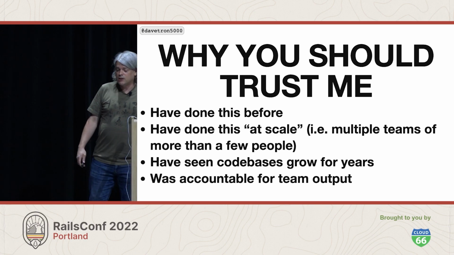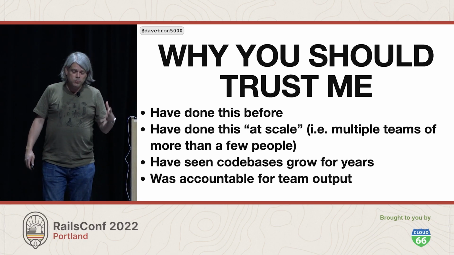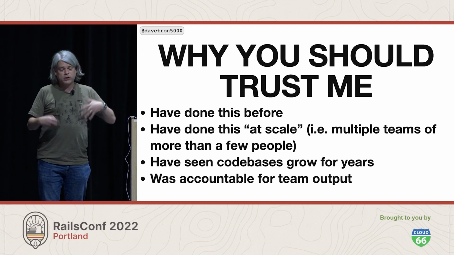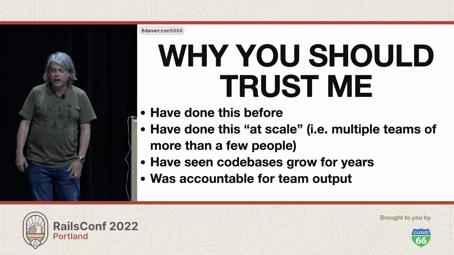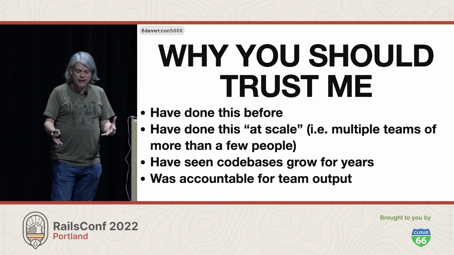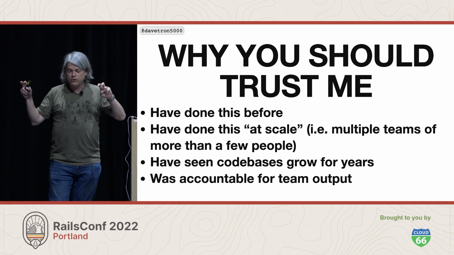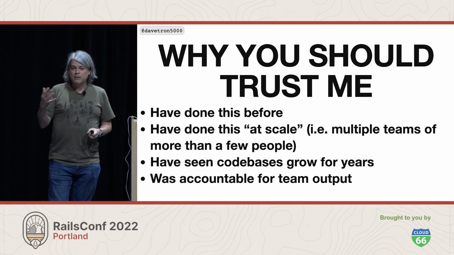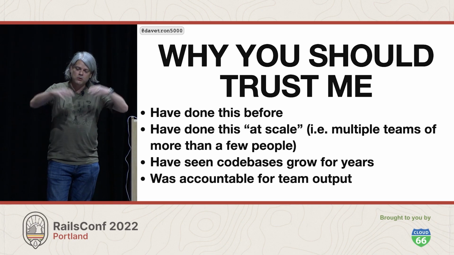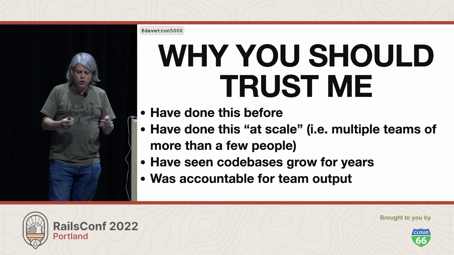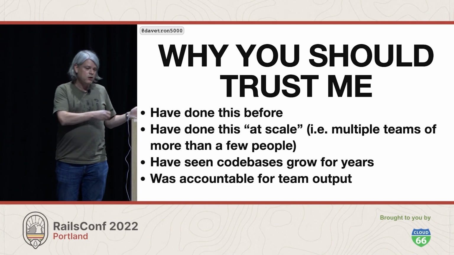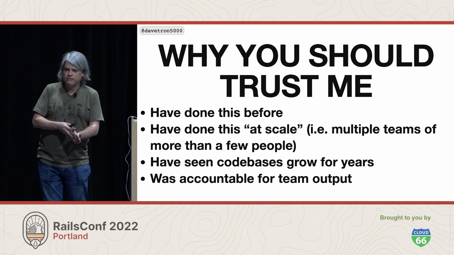Okay, I didn't really say much about who I was, because it's not super interesting, but I will say this is not something where I thought, this will be a cool conference talk, I think I'll do it. I have done this a lot at quote-unquote scale. The scare quotes are because sometimes it was me, sometimes a small team, sometimes many teams. And I've seen code bases written this way grow for 4, 5 years.